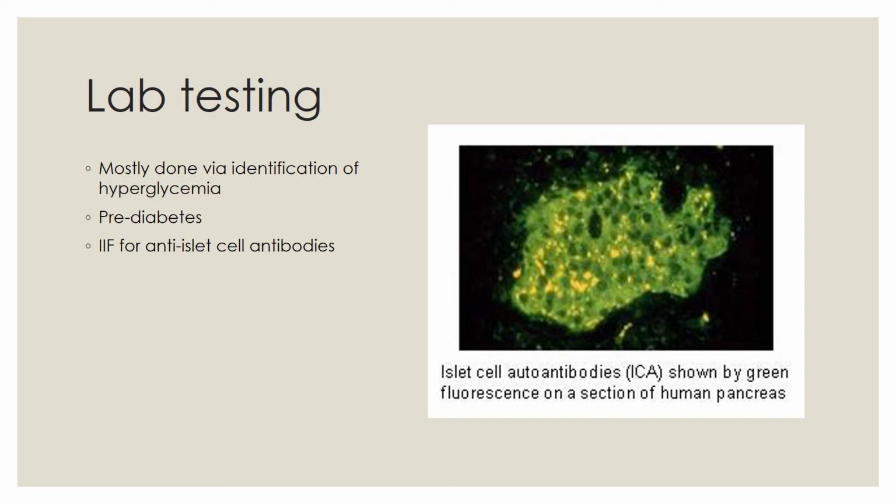It is possible, and you can see here, this is islet cell autoantibodies demonstrated using green fluorescence. So this is a section of the human pancreas. It's not yours, obviously.